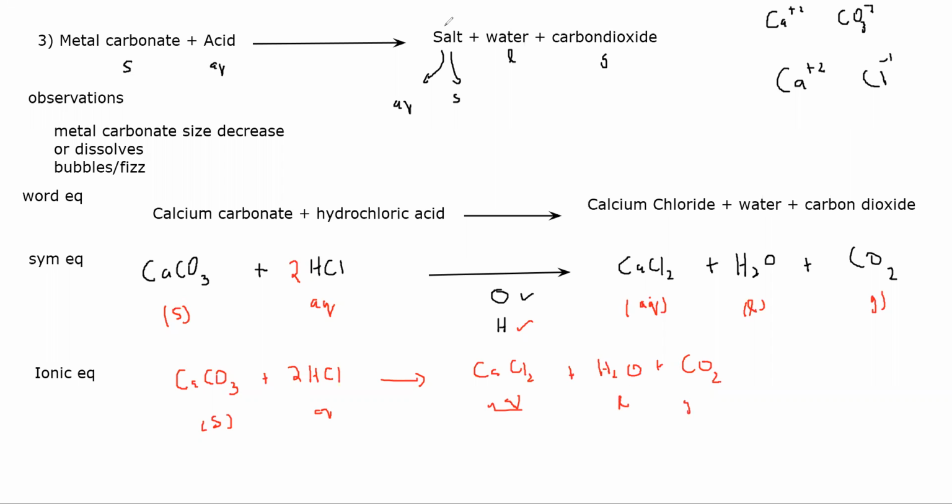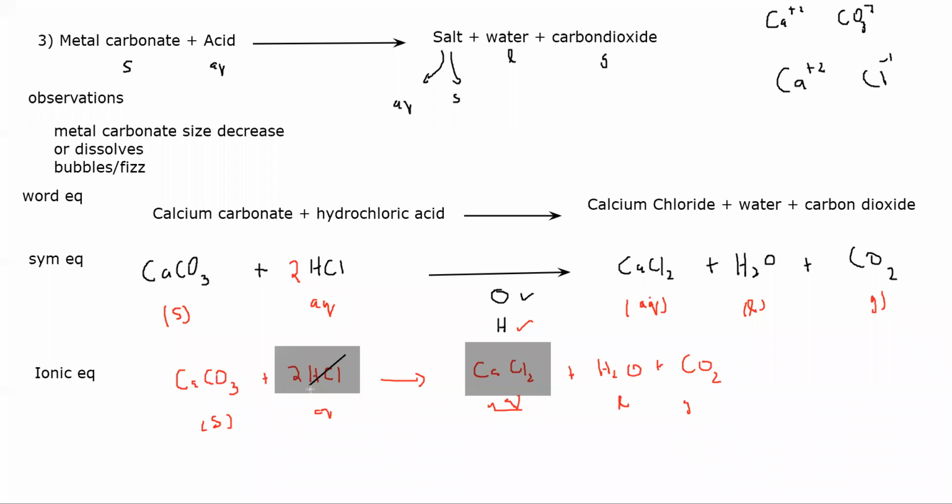You will highlight the aqueous substance and cancel the common ion in aqueous. Any common ion is there in aqueous? Which ion is common in aqueous substance? So chloride ions are common.